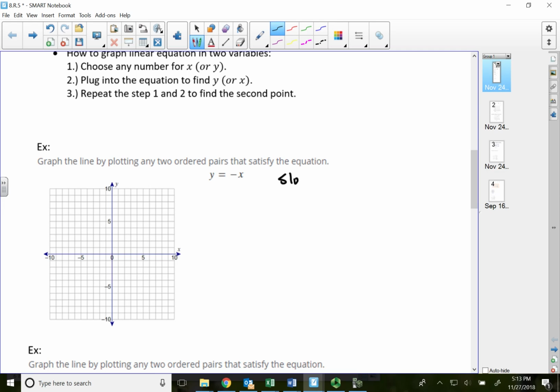So when they are in this form, which is called the slope intercept form, for right now in this particular section, when you see them in y equal form, I want you to pick x, because we can choose any number for x or y. So in this form, I want you to purposely pick numbers for x.